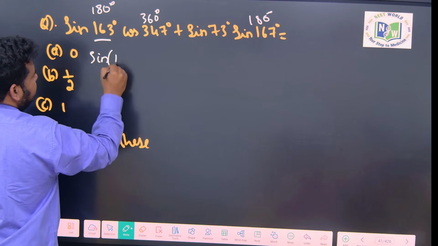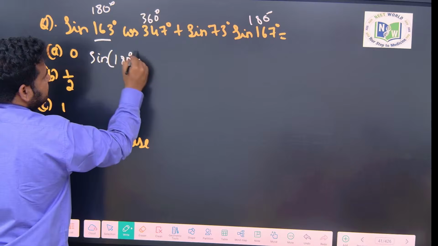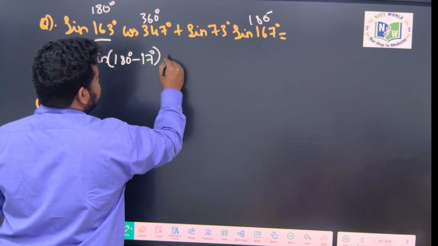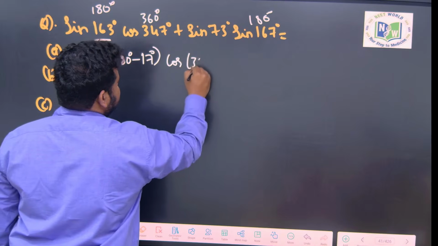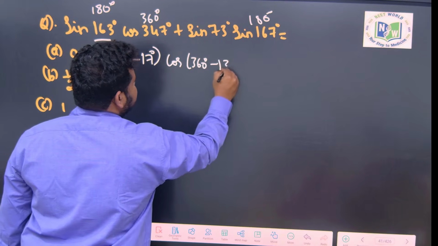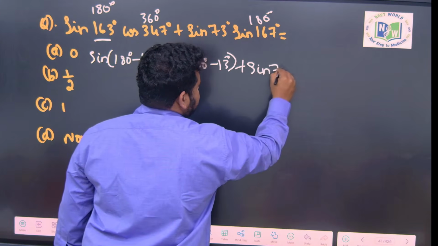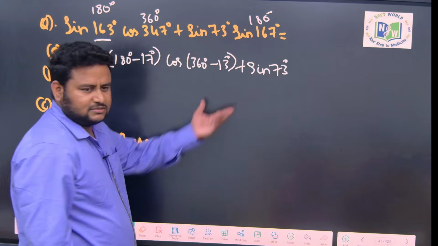Sin 180 minus 17 degree, correct? This 347 I can write as cos 360 minus 13 degree. Sin 73 I will keep as it is, since it is below 90.